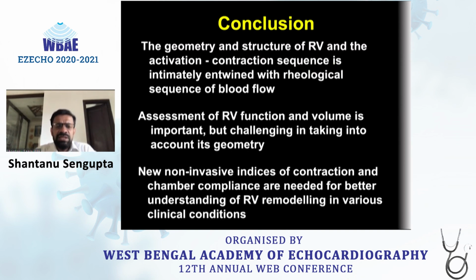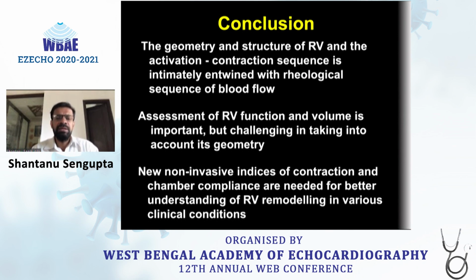So in conclusion, the geometry and structure of the RV and the activation-contraction sequence are intimately entwined with the sequence of blood flow. Understanding RV function and volume is important, but also challenging, taking into account its geometry. You should never comment upon the ejection fraction of the RV by 2D. Try to incorporate 3D.